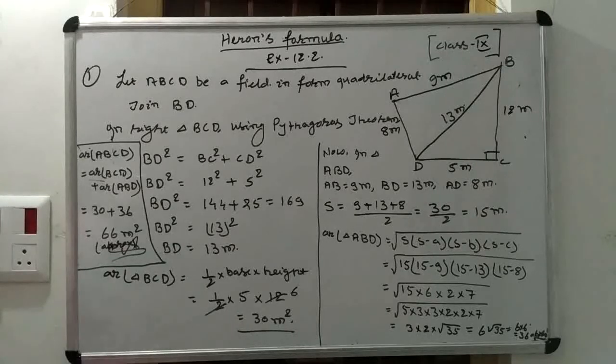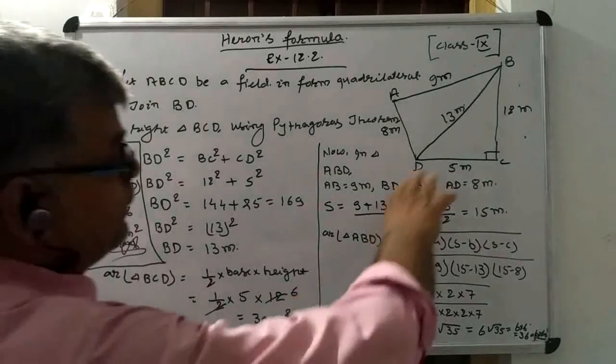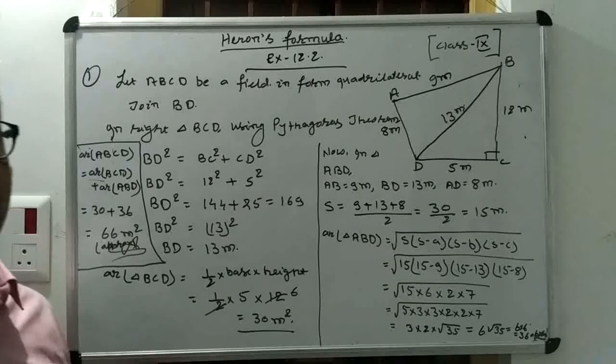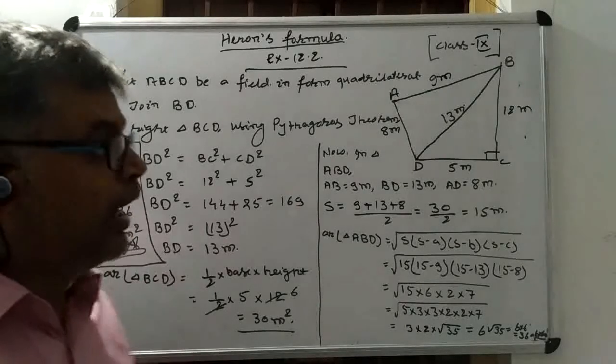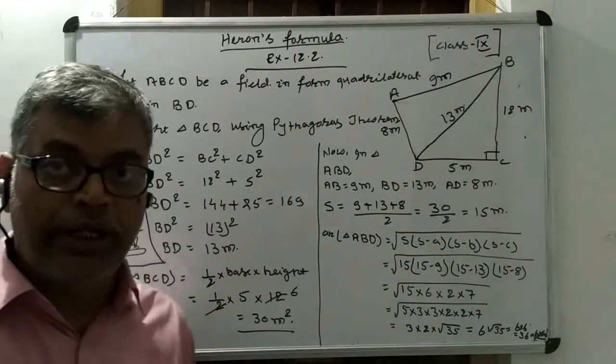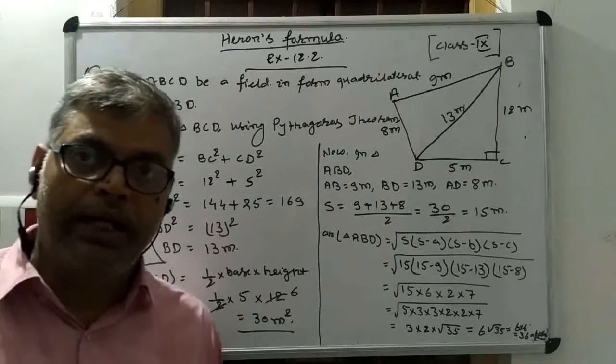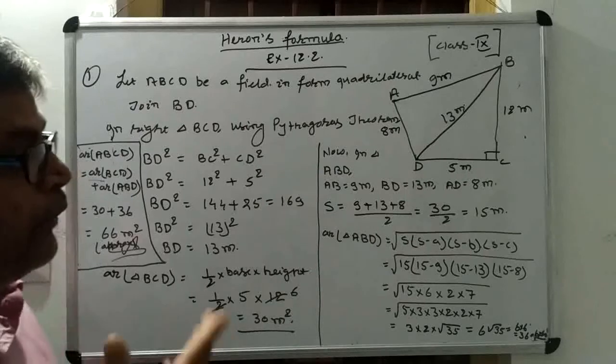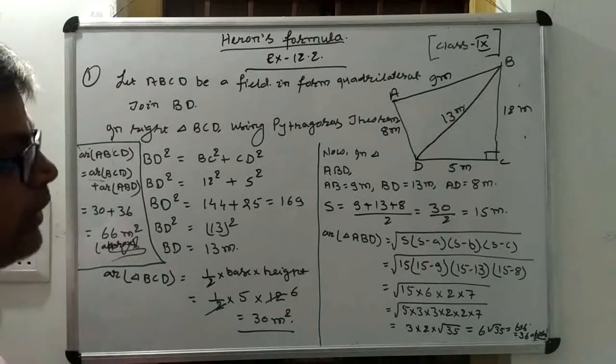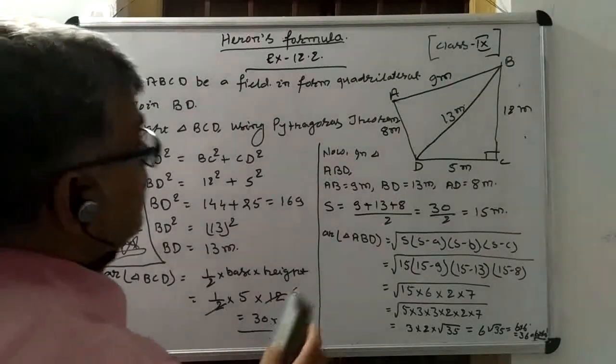First we divide the quadrilateral into two triangles, thereafter we calculate the area of both triangles separately, and after that we add them and get the area of this quadrilateral.